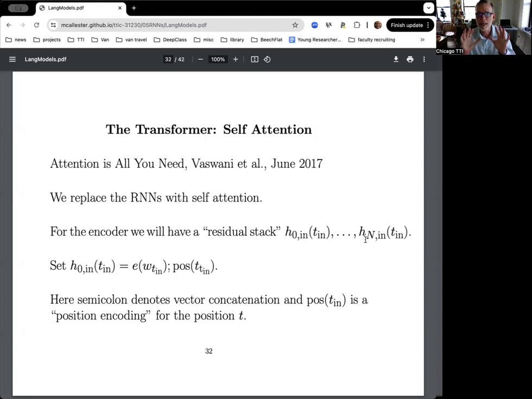So it's just like ResNet. So we just did ResNet. This is also a residual stack with computation layers with residual connections, sums going around the computational layers, just like ResNet. Each layer is a vector at each position in the input sequence.